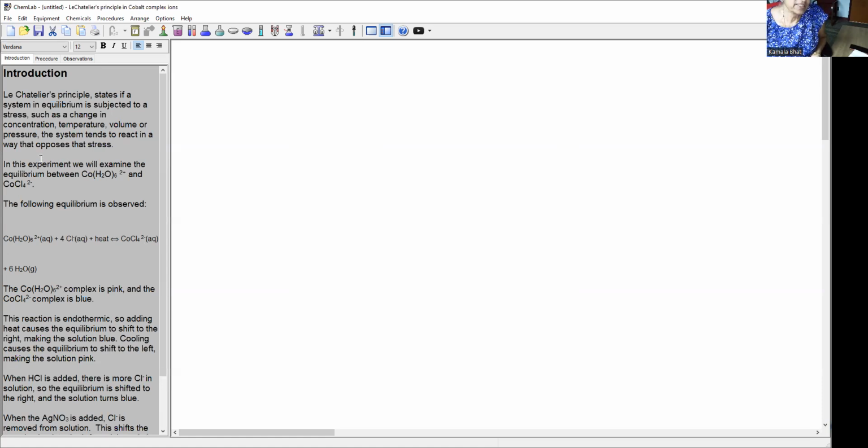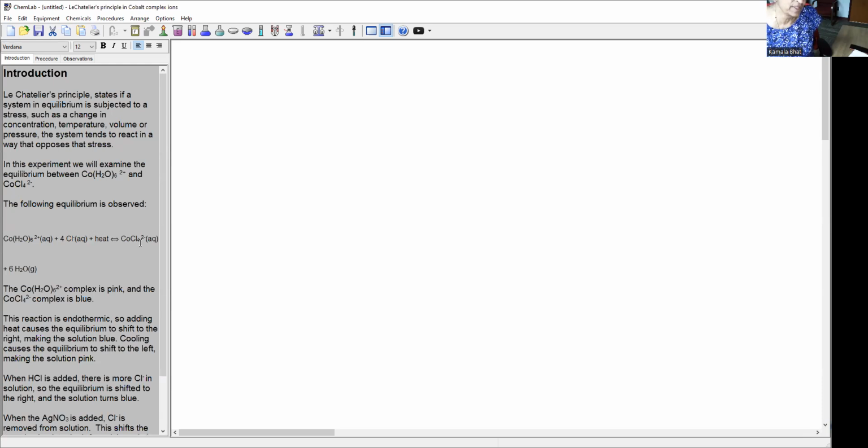In this experiment, we'll examine the equilibrium between the cobalt hexahydrate complex and the cobalt tetrachloride 2- complex. The following equilibrium is observed: Co(H2O)6 2+ aqueous plus 4 chloride ions aqueous.